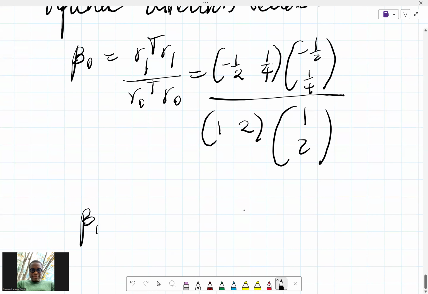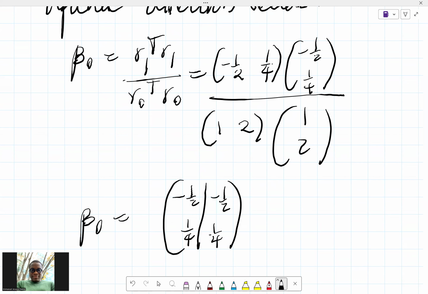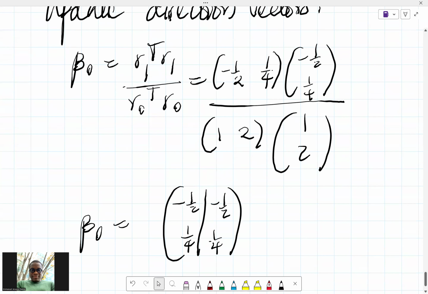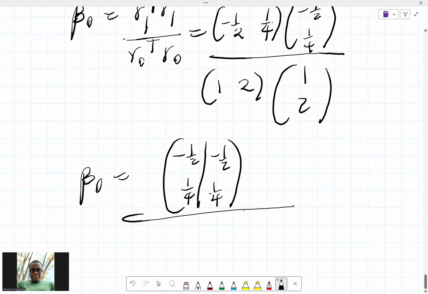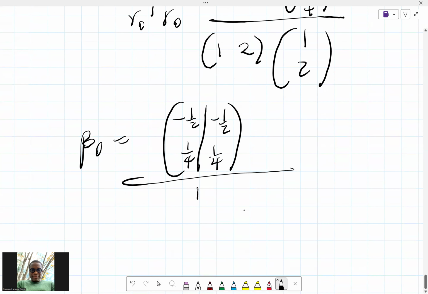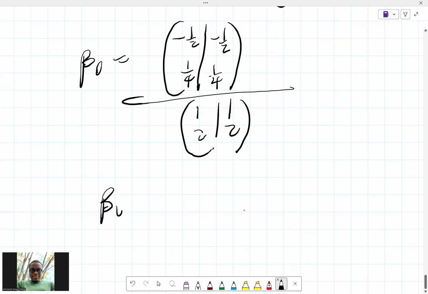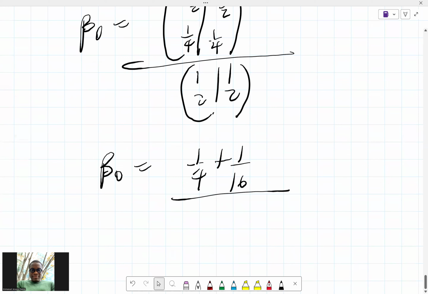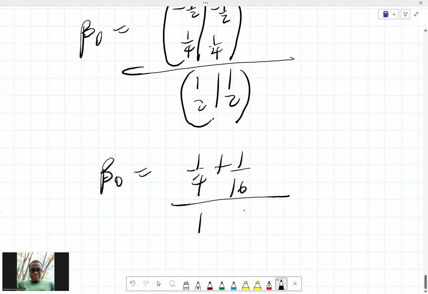So that beta naught now is equal to, for the top, we have minus 1 over 2, 1 over 4, then minus 1 over 2, 1 over 4. Okay, at the top, then all over the same. Now we have 1 over 2, 1 over 2, like this. So beta naught is equal to, at the top, we have 1 over 4 plus 1 over 16. I think that's correct. Then down here, we have 1 plus 4.